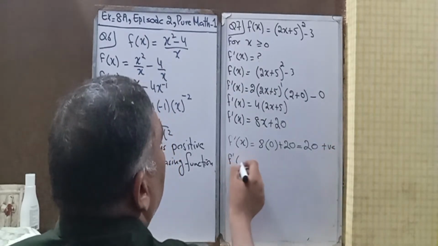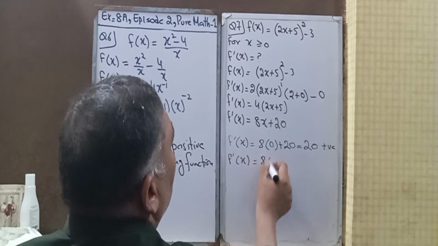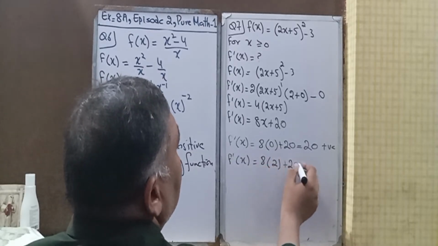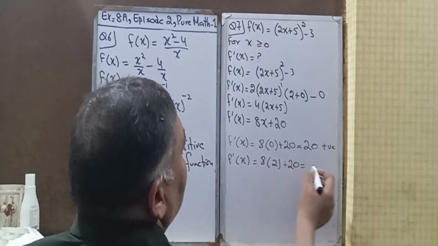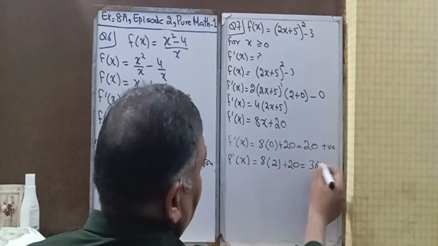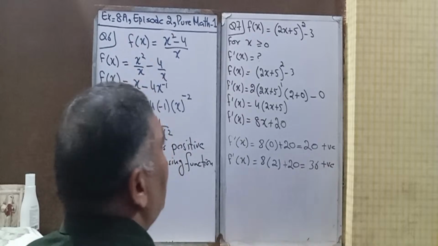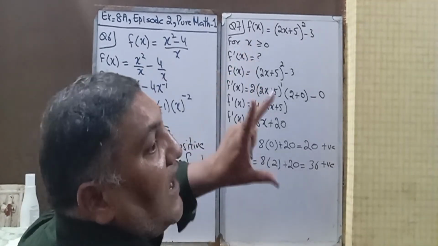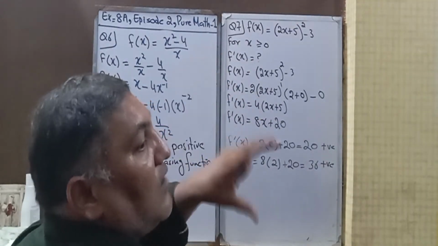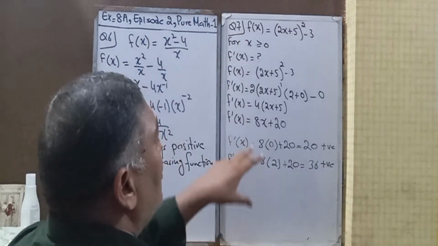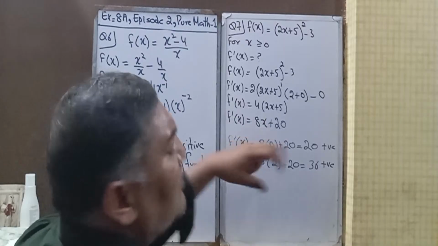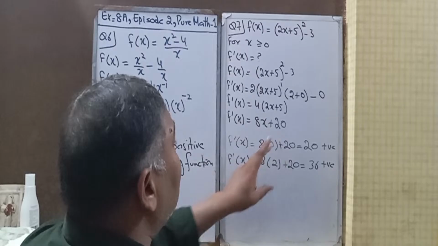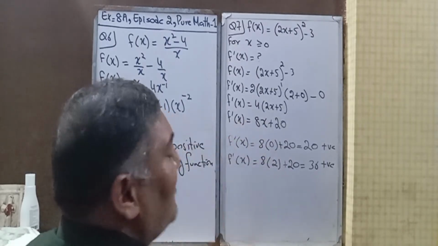For example, you put 2, then 16 plus 20, that's 36, which is positive. So no matter what value of x you take, but there is a condition, the x value you take must be equal to or greater than 0. You put any positive value of x, the answer will always be positive.